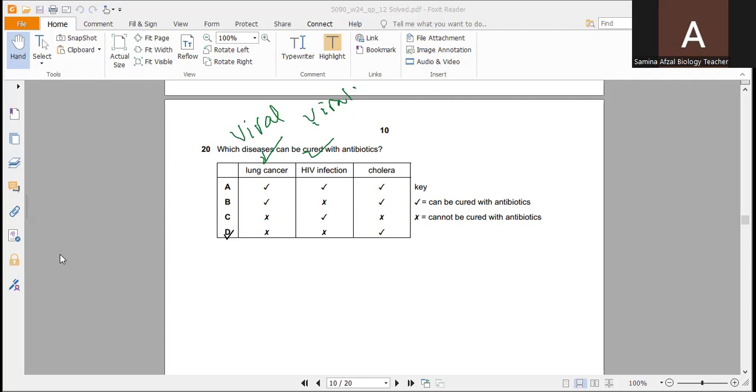HIV is a viral infection. Cholera is a bacterial infection. So we can see that antibiotics are used only for bacterial infections, not for viral infections. Viral infections have antiviral drugs or antiviral medicines. So according to this, A, B, C are not the correct options. Only D is the correct option.